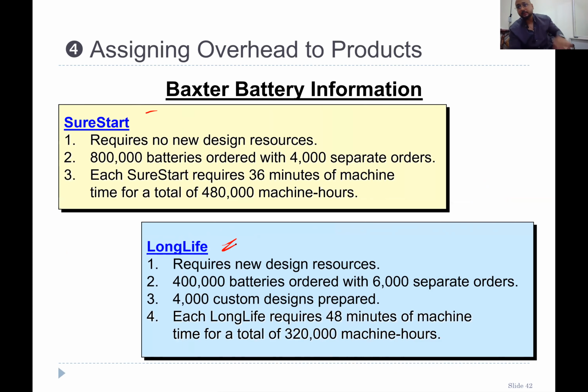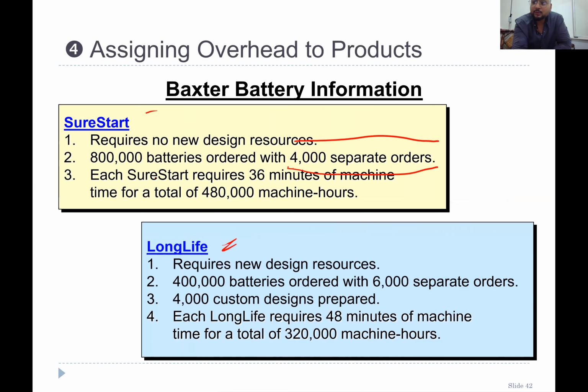So there are two batteries that are made by Baxter Battery. Number one, short start, which requires no design change, which means zero design change here. Number two, 800,000 batteries are ordered with 4,000 separate orders. So they receive 4,000 orders. Total batteries required are 800,000.